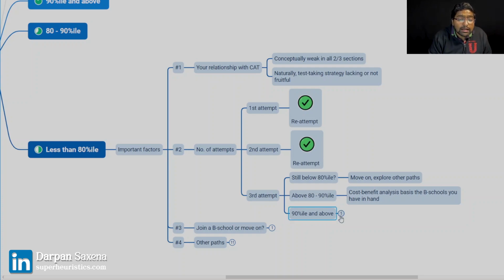Whereas if in your third attempt you've scored above 90 percentile, I would in 99% of the cases advise you to join the B school you have in your hands. Obviously, some exceptions are these: if your salary is already some 15 lakhs, suppose you're working at a very good quality company, it could be a startup or a corporate like the MBB or some other company.